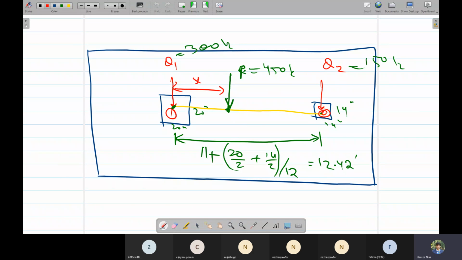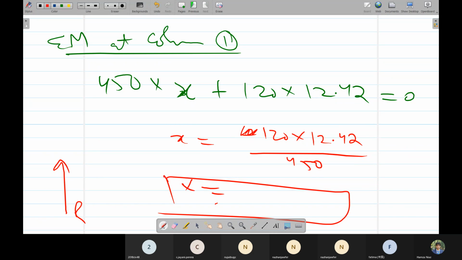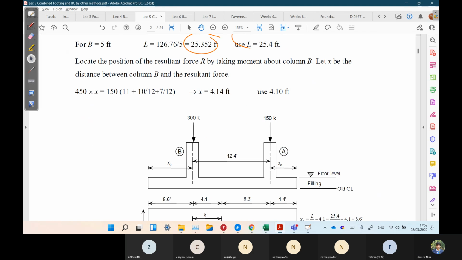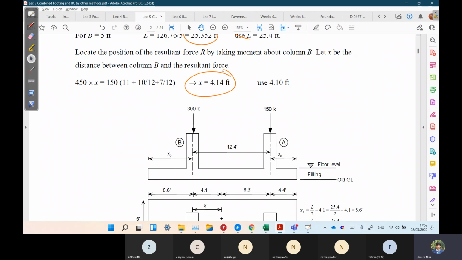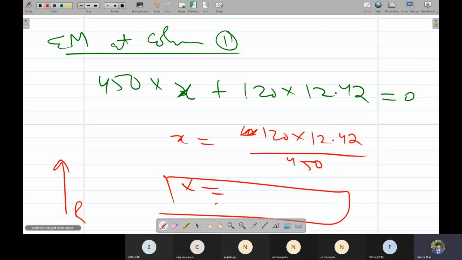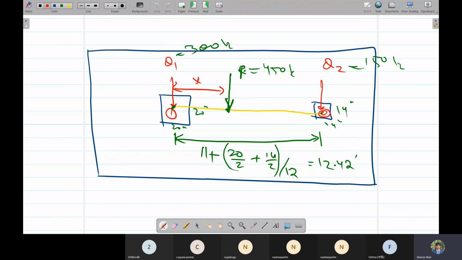So you can find the x distance as 4.14. They are using 4.1, rounded to a multiple of 0.1, though you can also round it to 4. X is 4.1.